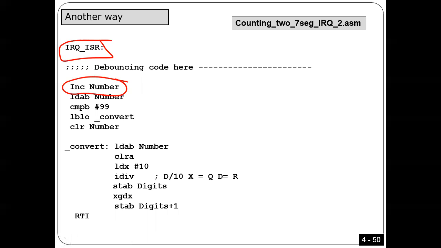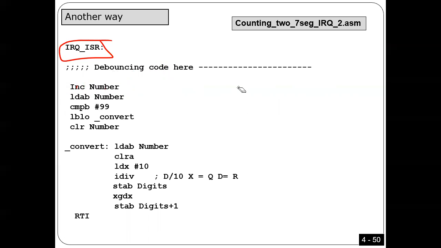By the way, don't forget, because I think we need it in test 2: here, this number is a byte, so it's okay to increment a byte. I think in test 2, you need to increment a word, so you cannot use increment for a word. You have to add 1. Is that okay? Don't forget this one. Okay.